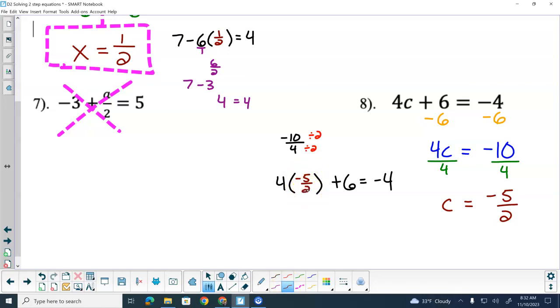Four over 1 times negative 5 over 2 would be negative 20 over 2. What is negative 20 divided by 2?